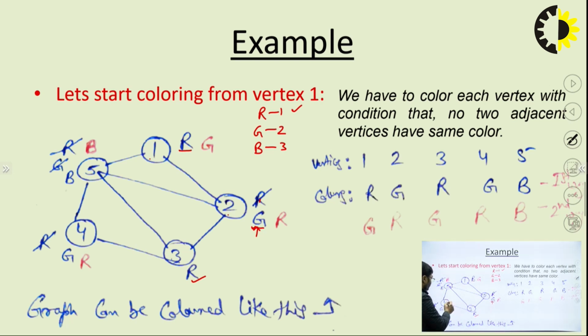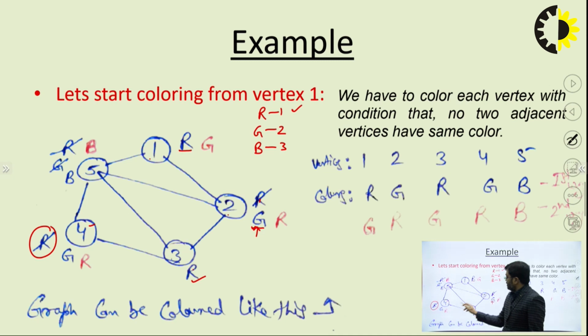Now come to vertex 4. Can we give the red color to vertex 4? No, because we have given the red color to vertex 3 just now. Let's try the next color, green color.